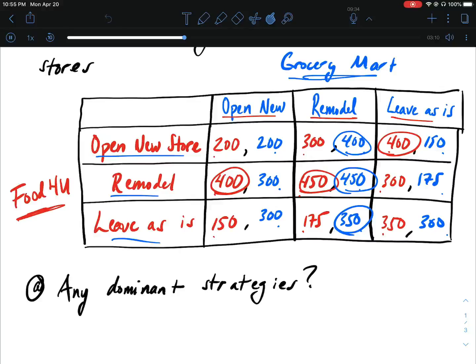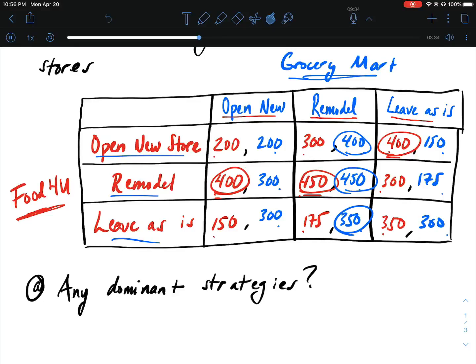So we have one square where both numbers are circled. We're not done yet, though. We have to figure out which, if any, dominant strategies exist. Dominant strategies means that the firm always chooses that option.